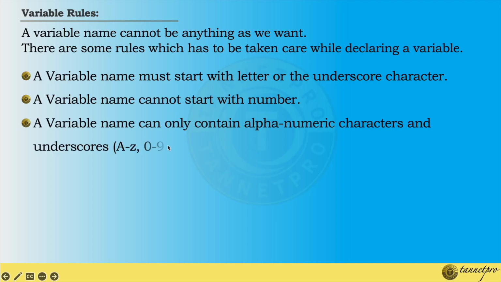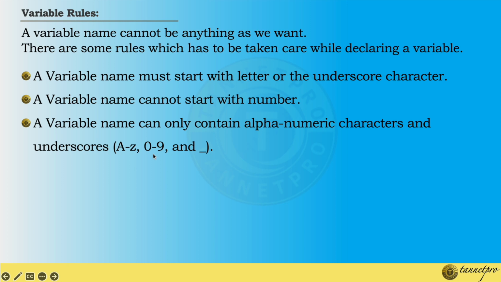Now the third rule says a variable name can only contain alphanumeric characters and underscore, as I showed you. So it can contain any character from A to Z, any numbers from 0 to 9, and underscore only, nothing more than that. Apart from this, what else comes up?